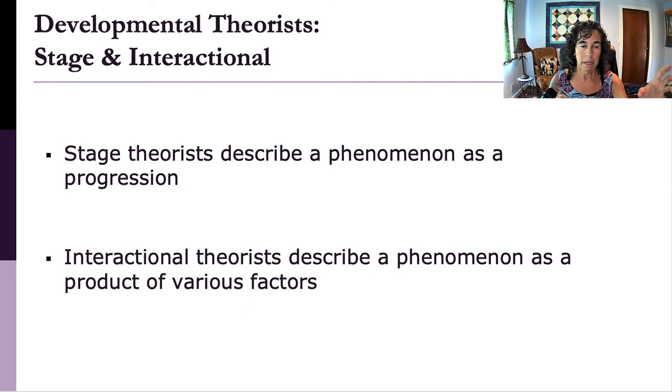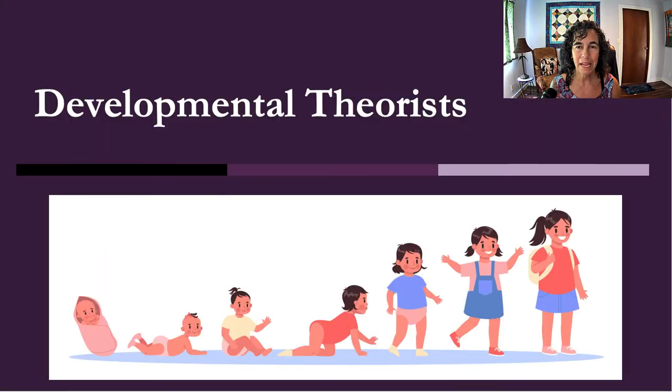So different kinds of factors come into play and create an interactional theory. Some stage theorists are Erikson, Piaget, Kohlberg, and Havighurst, and we'll talk a little bit about them. And the interactional theorists are Vygotsky, Bronfenbrenner, Ainsworth, and Bowlby, and we'll also be talking about them. Let's start with the developmental theorists.